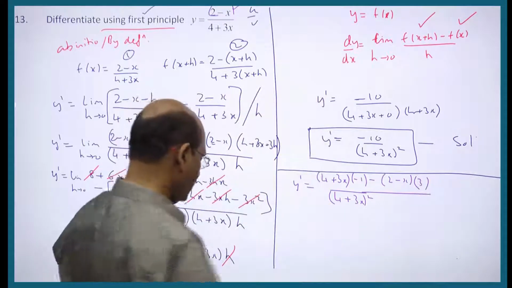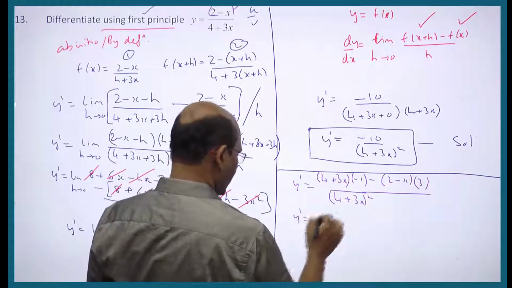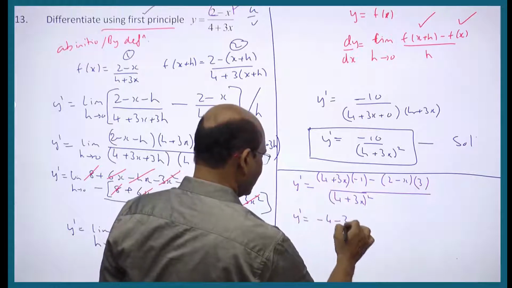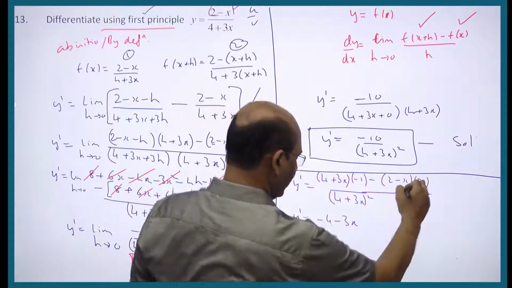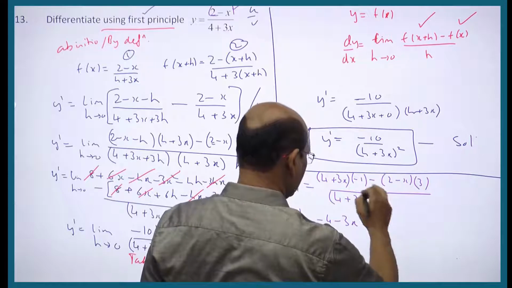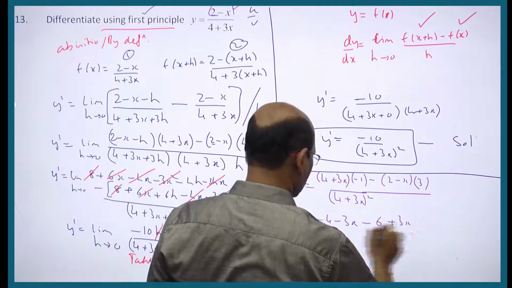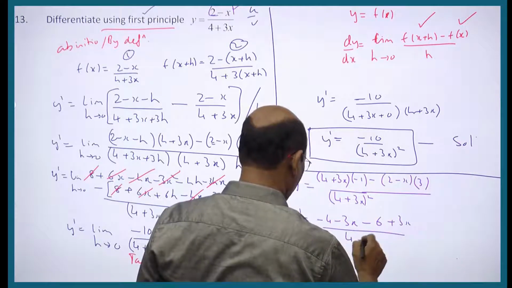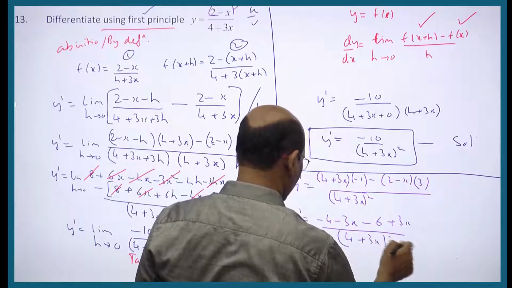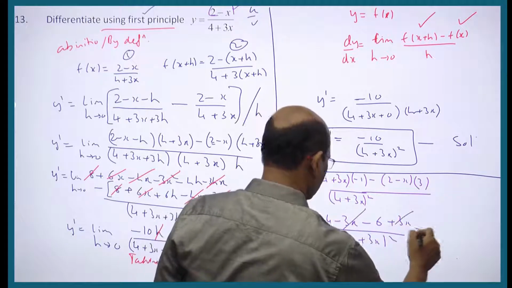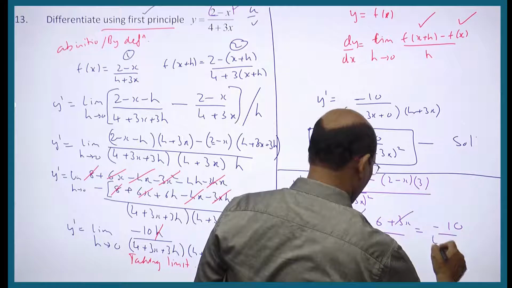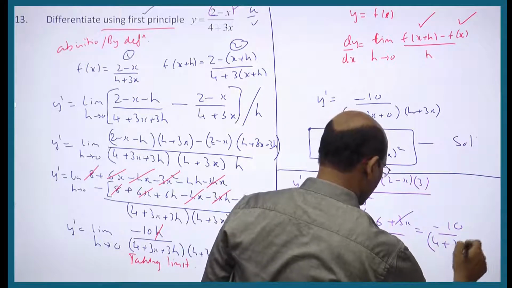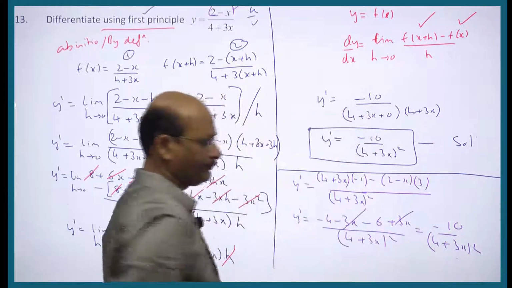Simplify this, see what happens. So y dash will be minus 4 minus 3x, then minus 6 plus 3x upon 4 plus 3x whole square. So it gets cancelled. So minus 10 upon 4 plus 3x whole square, same answer.